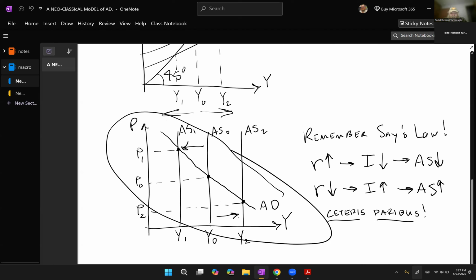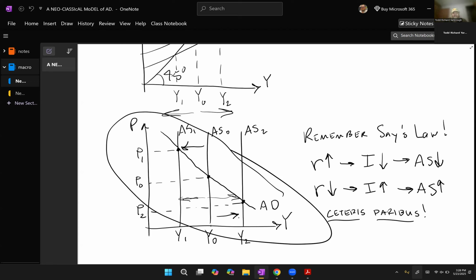And that's where our aggregate demand curve comes from. So at P1, we had Y1 output. At P0, we had Y0 output. And at P2, we had Y2 output. The aggregate supply is going to move to keep the economy in equilibrium. And what we have is the classic downward sloping aggregate demand curve. So now we've put it all together.